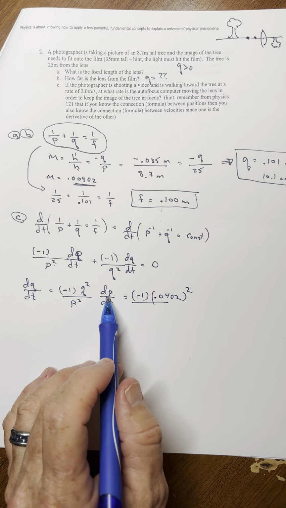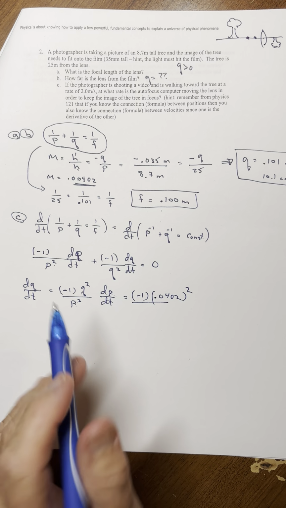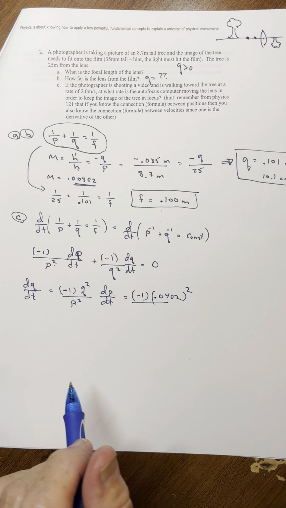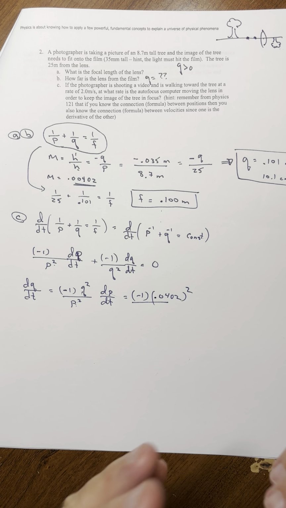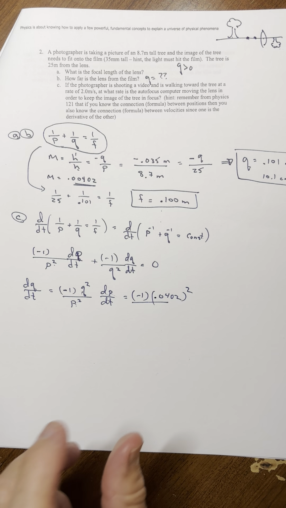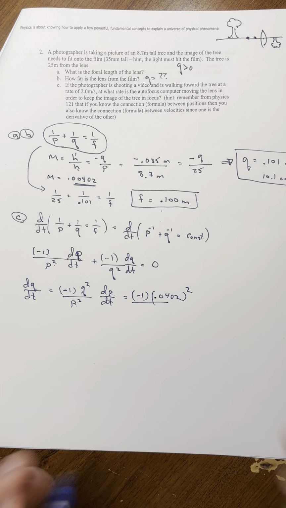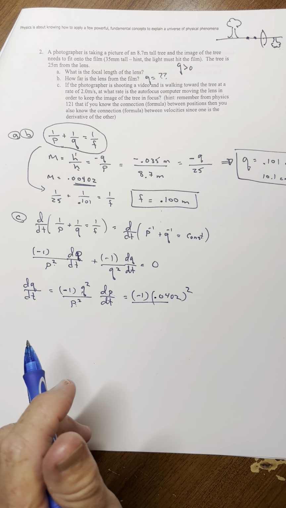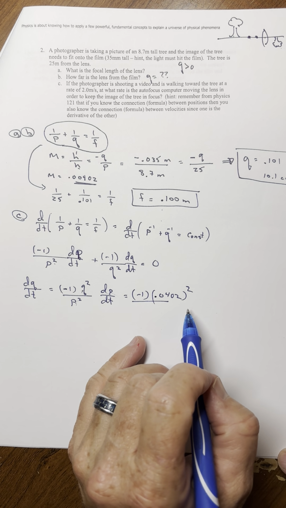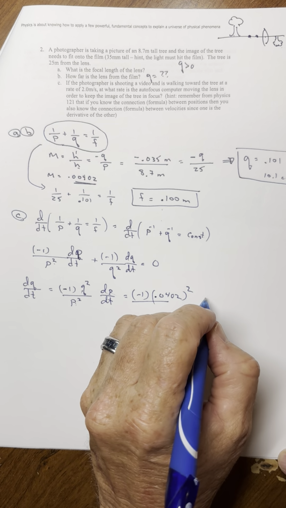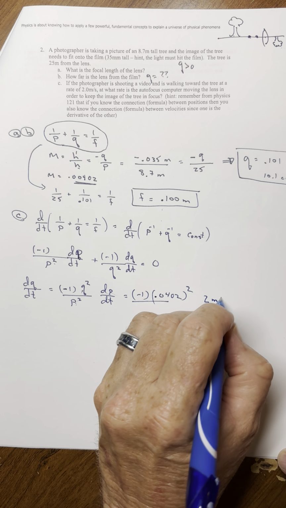And then the dp dt is the rate at which the object is moving, at least relative to the lens, because technically the tree's not moving. You, the videographer, are the one moving towards the tree. So we're moving at a rate of 2 meters per second.